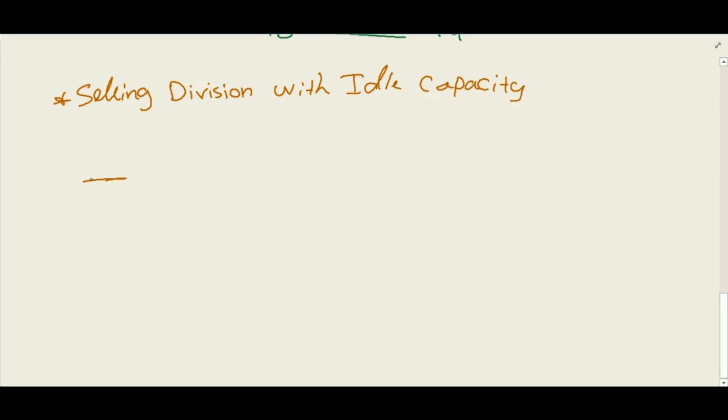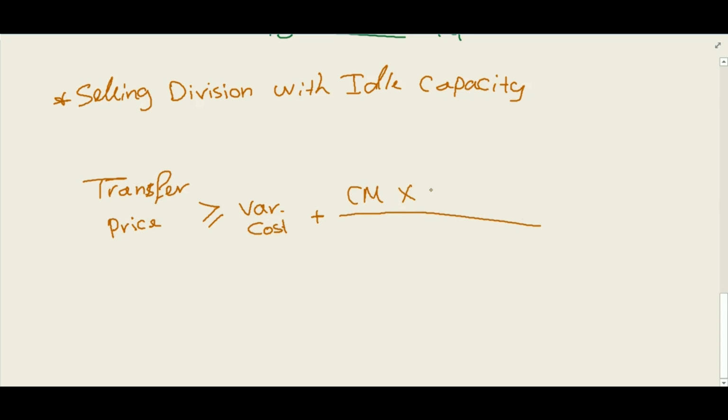So the transfer price would be equal to or more than the variable cost plus the CM per unit multiplied by the foregone units, divided by the number of units transferred out.